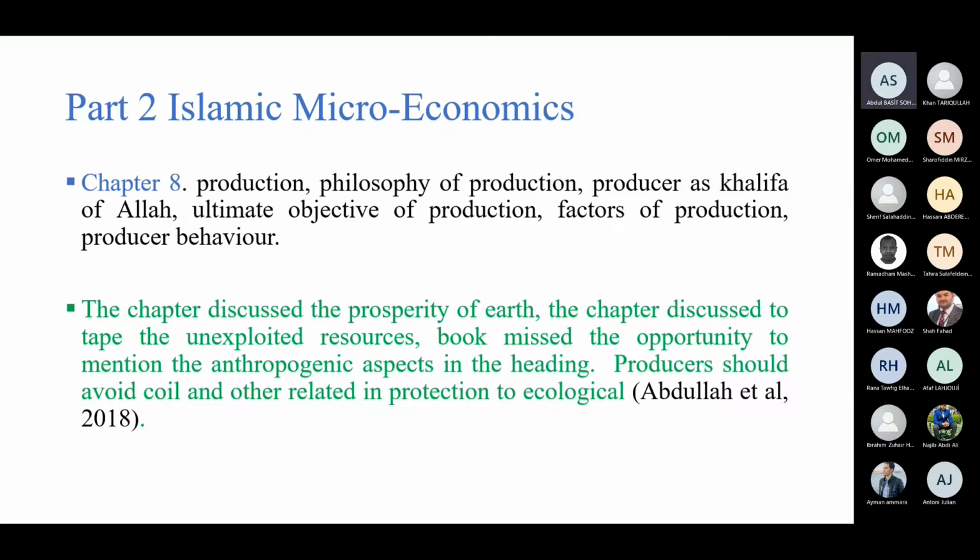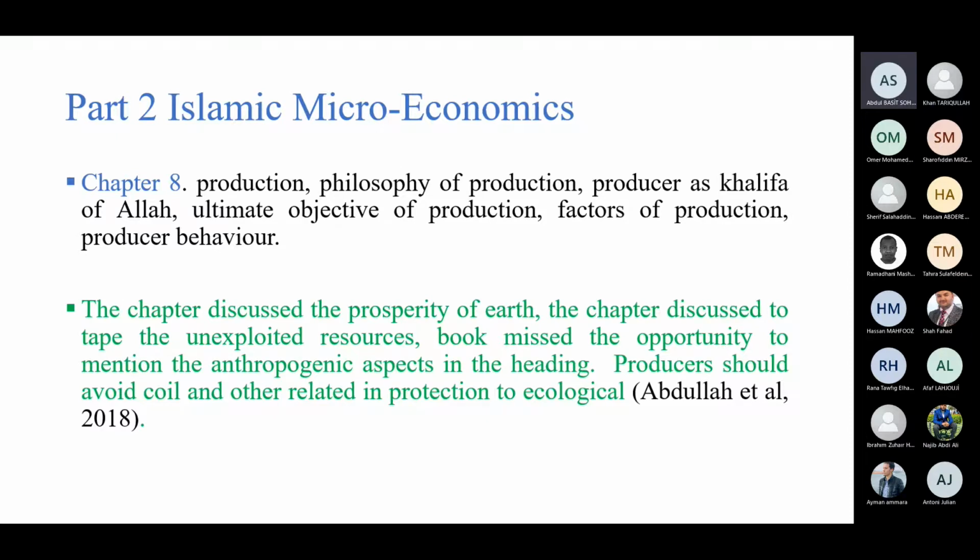So, in chapter 8: production, philosophy of production, producer as Khalifa of Allah, ultimate objective of production, factors of production, producer behavior. But in this chapter, it discussed the prosperity of earth. The chapter discussed tapping or using the unexploited resources. So the book missed the opportunity to mention the anthropogenic aspects in the heading.